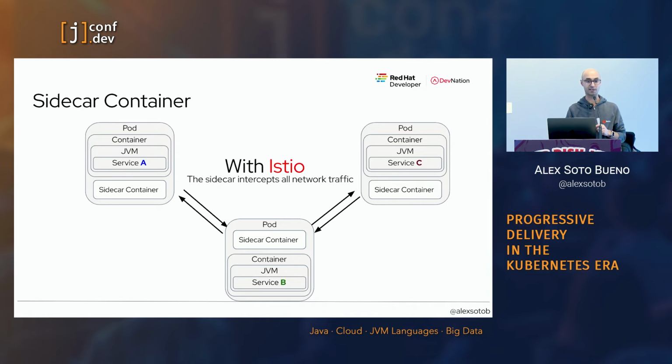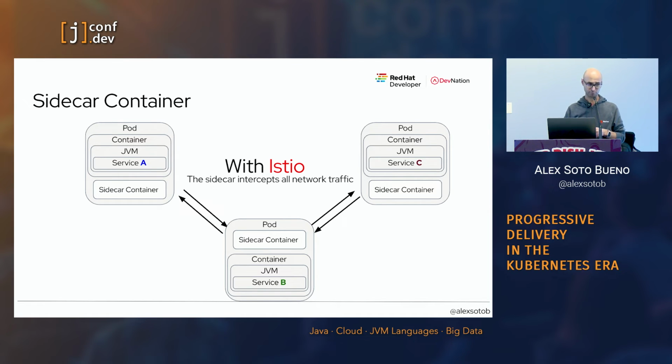And then it has a sidecar container attached to the same pod that intercepts all the network traffic. So all network traffic goes through these sidecar containers, which apply, for example, the canary release, encrypting communications or mirroring traffic.